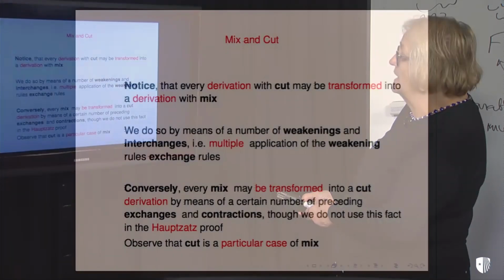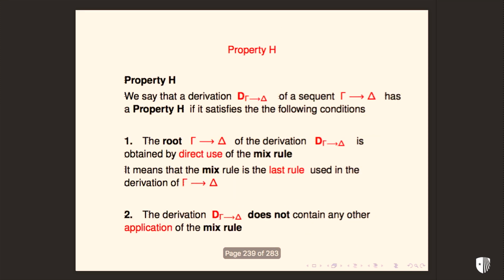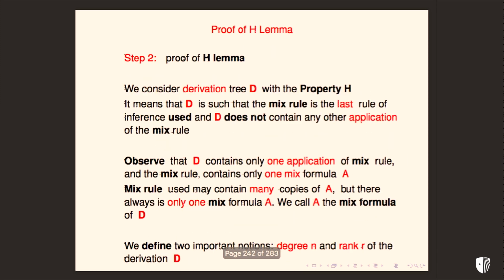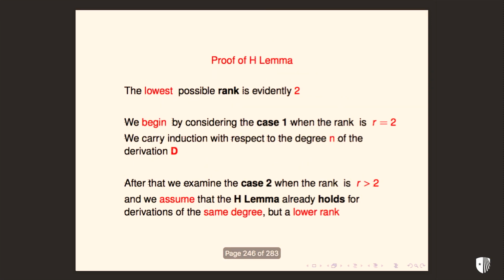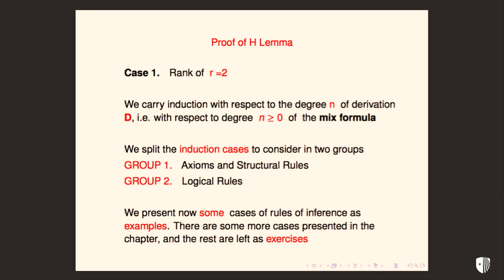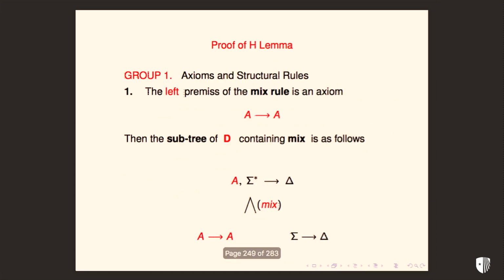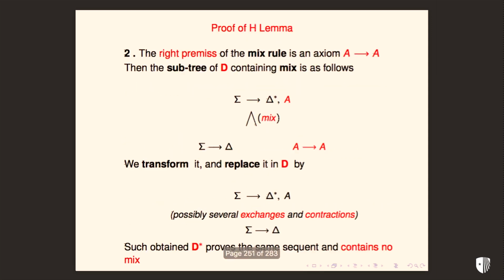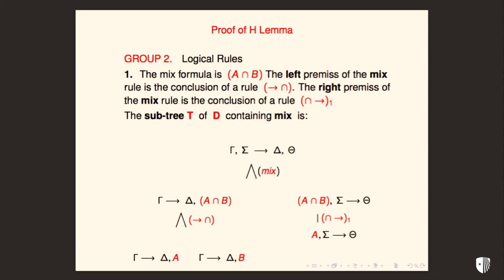And then he shows that any derivation with mix can be transformed into one without mix. I'm just showing the bare bones of the proof. And he does it rule by rule, exchanges and so on. This is a long proof, but it's a very beautiful proof.